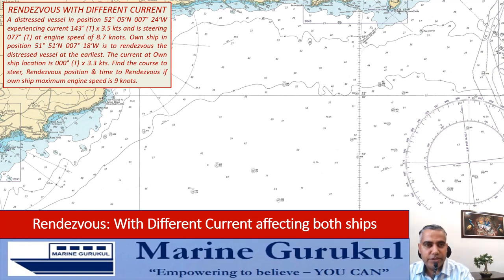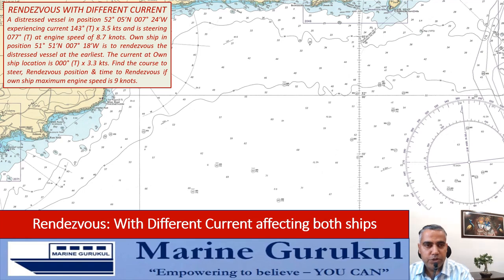A distressed vessel in position 52 degrees 05 minutes north, 007 degrees 24 minutes west, experiencing current of 143 degrees true at a rate of 3.5 knots and is steering a course of 077 degrees true at an engine speed of 8.7 knots.